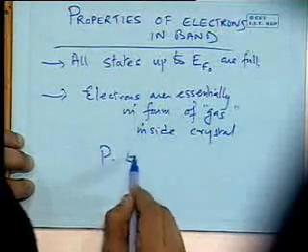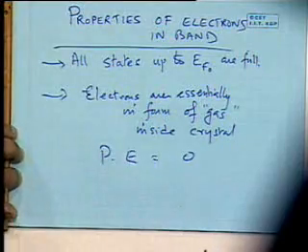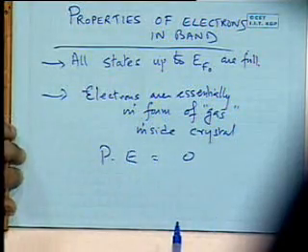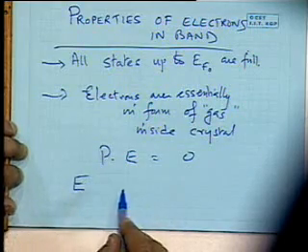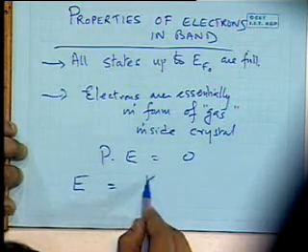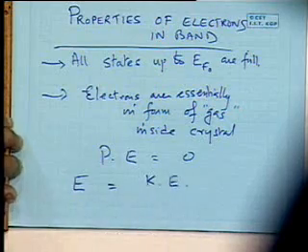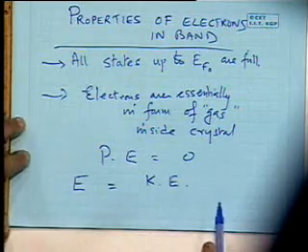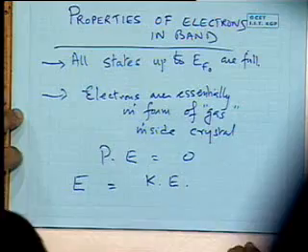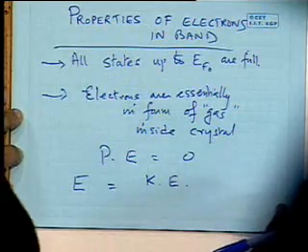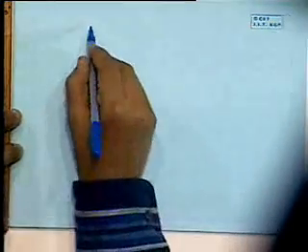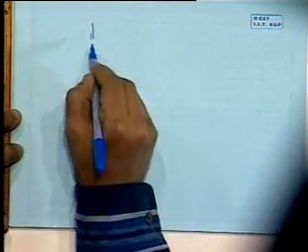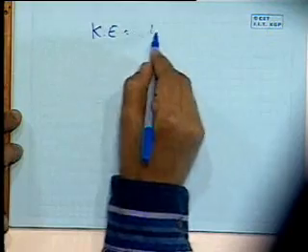They're not bound to anything, so what do we talk of for potential energy? So that means potential energy is roughly, or for all practical purposes, 0. Which implies then that the total energy E is nothing but the kinetic energy. There's no potential energy term, so it's nothing but the kinetic energy of these electrons. Now you can describe the kinetic energy in different ways. Obviously one of the ways is kinetic energy is half mv squared.